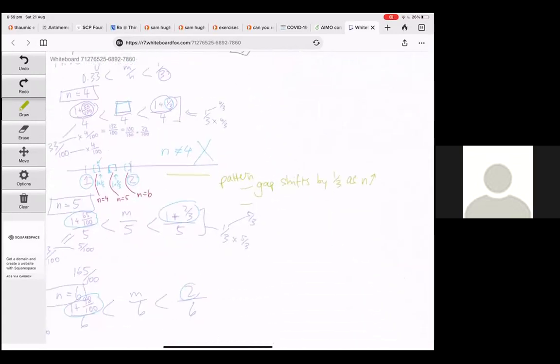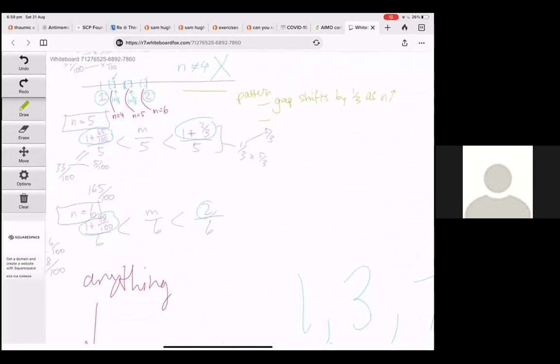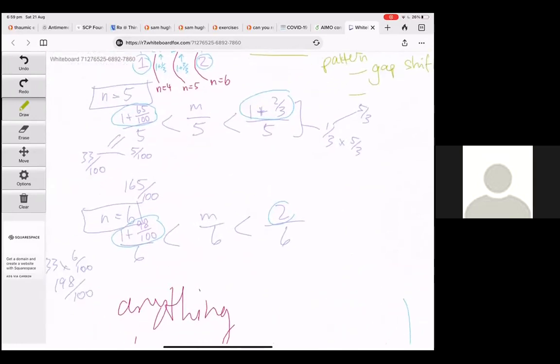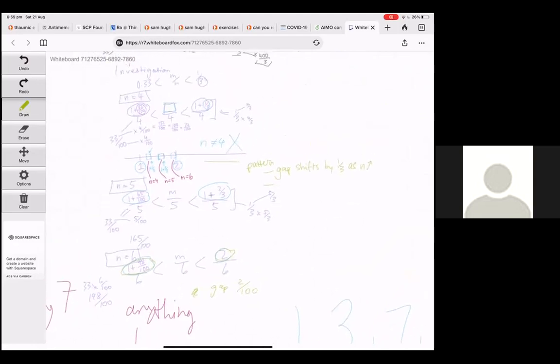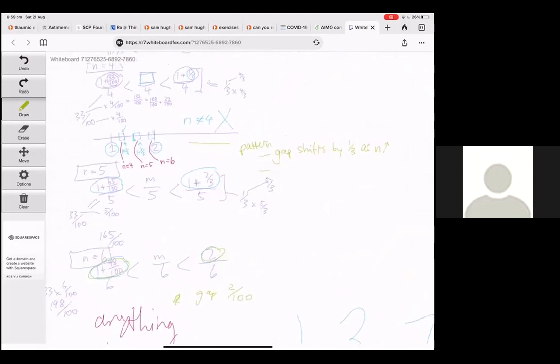And over here, the gap is obviously really small. Like for n equals 6, the gap was 2/100ths, because that's the difference between this left value and this right value. And then over here, what was the gap?